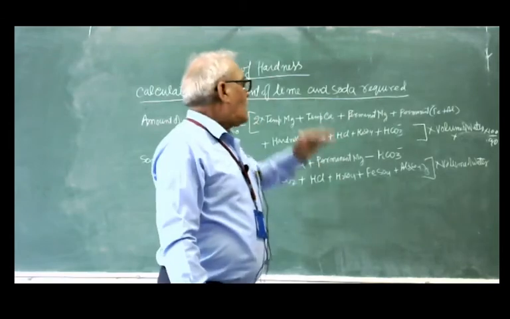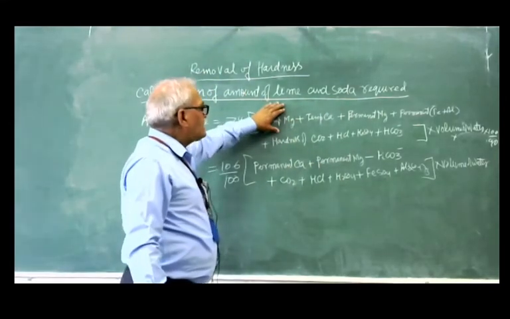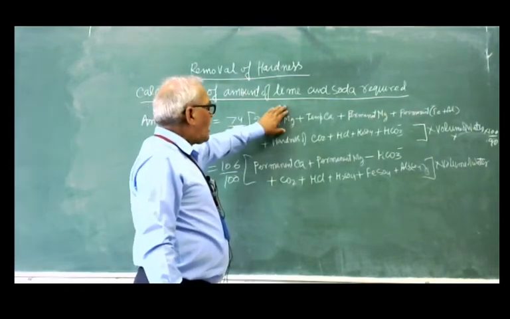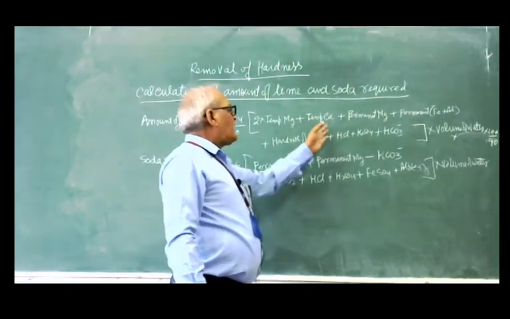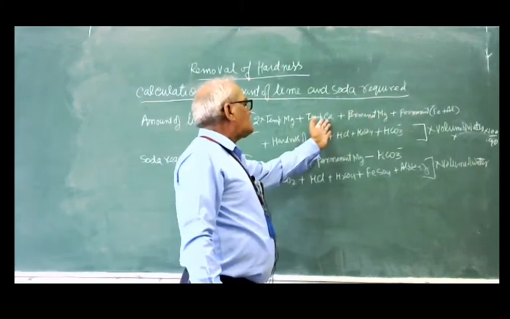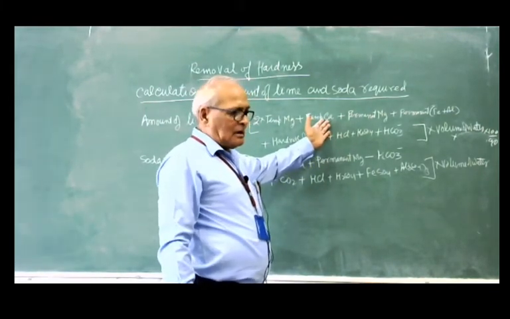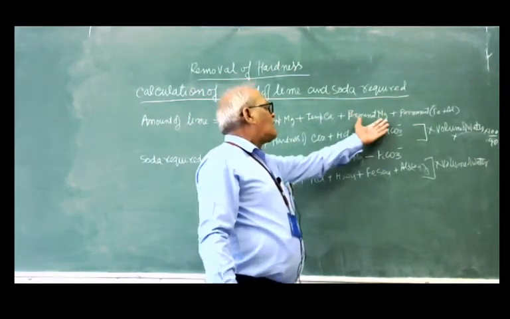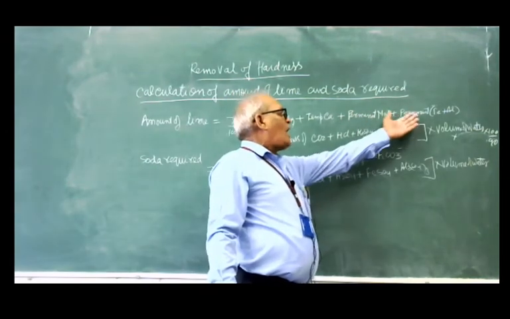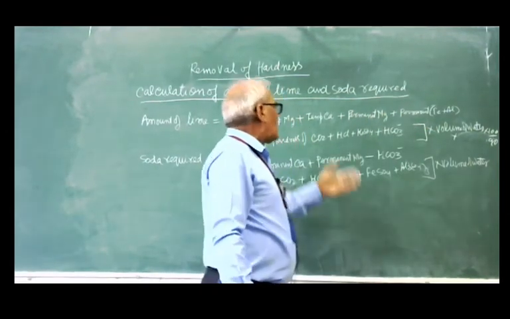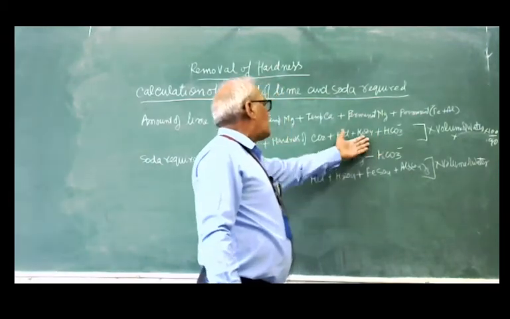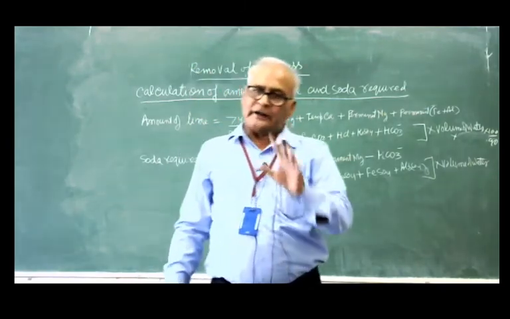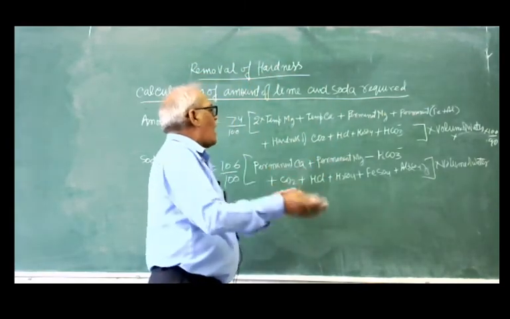So you will calculate the temporary hardness of the magnesium bicarbonate and put twice that hardness here. Calculate hardness due to calcium salts like calcium chloride, calcium sulfate, and similarly calculate hardness of the magnesium salts, hardness due to iron and aluminum salts, hardness due to bicarbonate, H2SO4, HCl. So the first step is to calculate the hardness, then put the hardness.